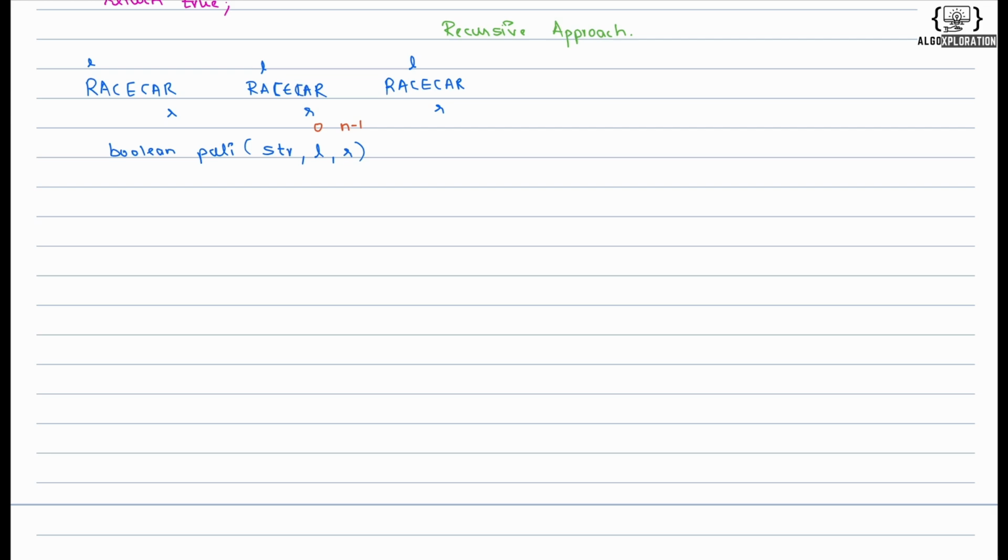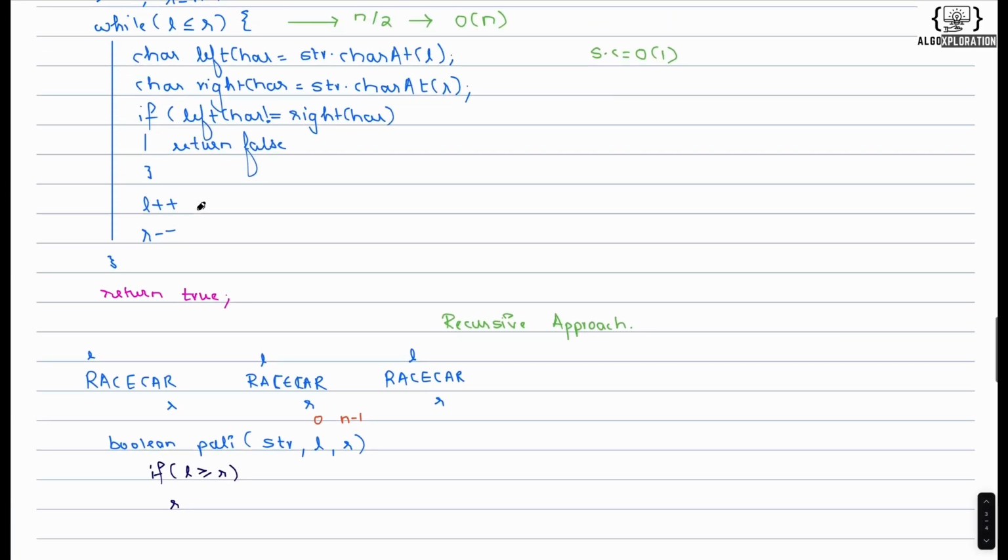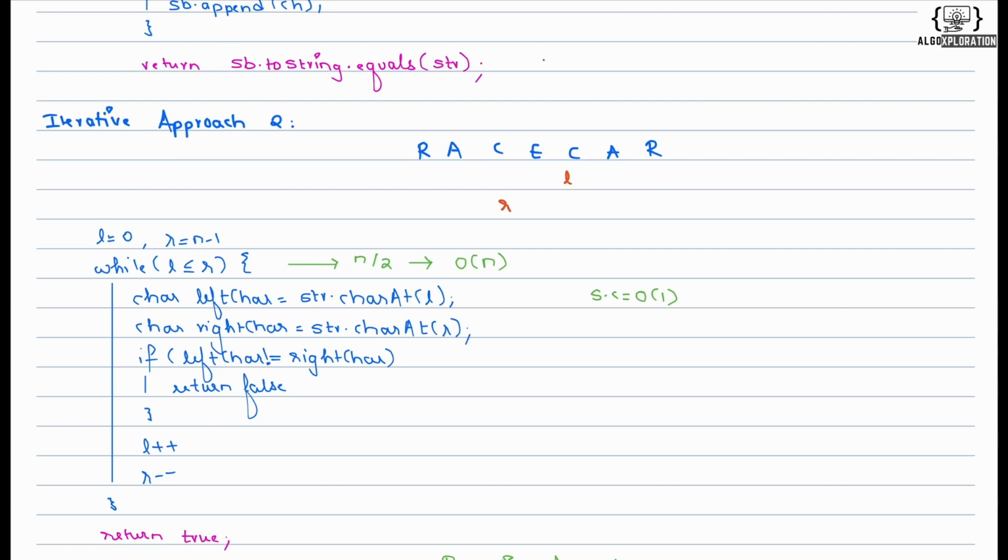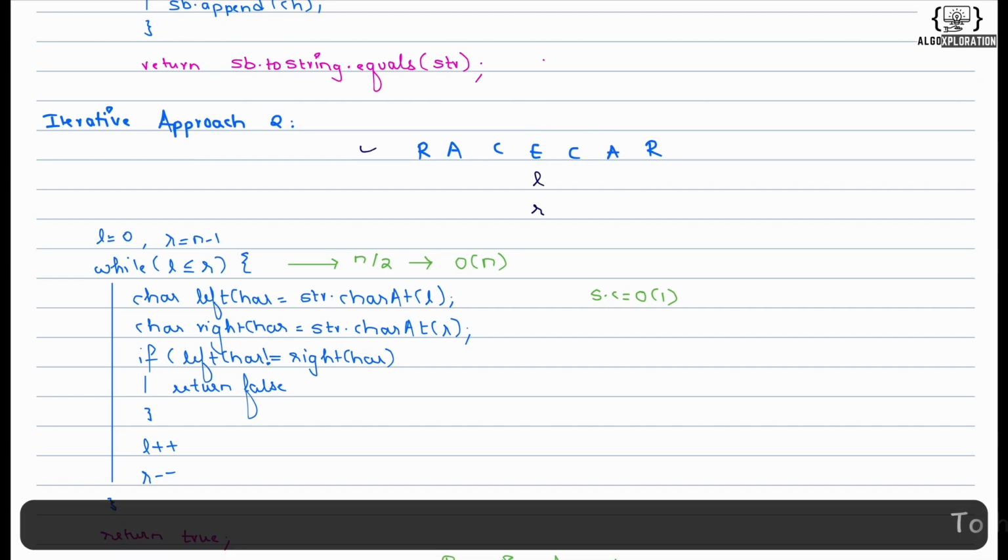After that, I will be checking if L is greater than or equal to R. Here in this case, I'm talking about when L is pointing to here and R is also pointing to here. It means that we have completely checked all the letters one by one, and now we have reached here. If we have reached here, that means these letters are basically the same. So due to that reason I'm just returning true.